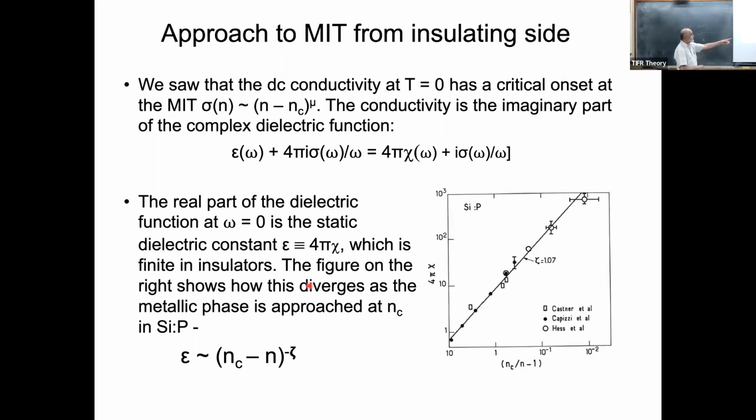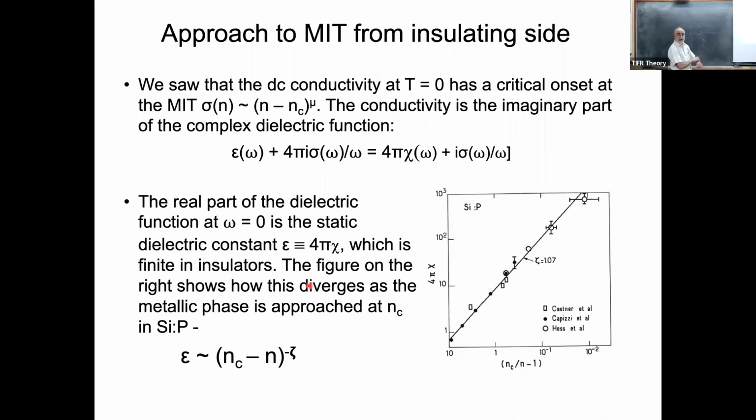Then if you plot it versus N_c over N minus 1 as shown there, this is data from Gordon Thomas's group, Mario Capizzi. It also has old data from Ted Castner's group and also data from Harold Hess's group. Harold was a grad student at Princeton doing measurements there.